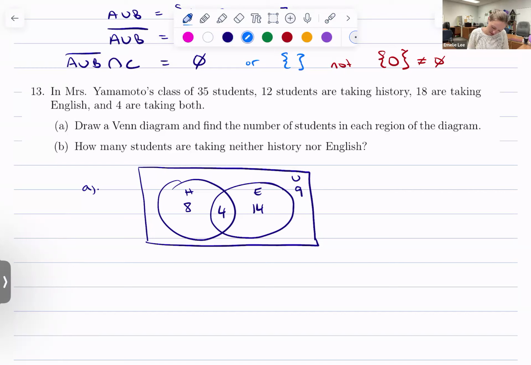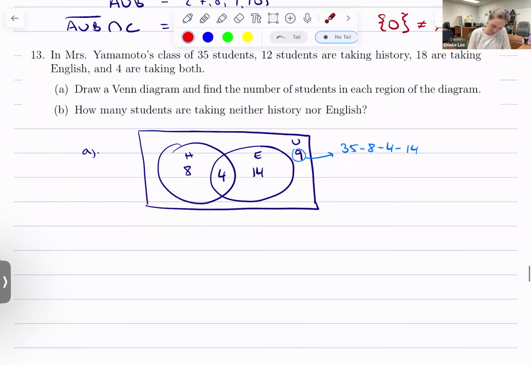I'll show where I got that from: 35 minus 8 minus 4 minus 14. So that's part A. Draw a Venn diagram and find the number of students in each region of the diagram. Now I have shown how many are in each region, so I'm good.